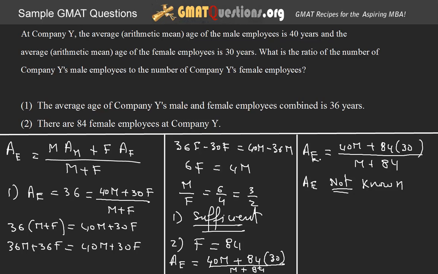And I hope you can see that. You can try it. You're going to see that you're going to be stuck at one point. There is no way to find the ratio m over f, m over 84. Okay? And for that very reason, we can say that number two is not sufficient.